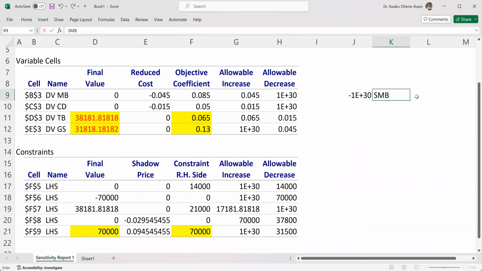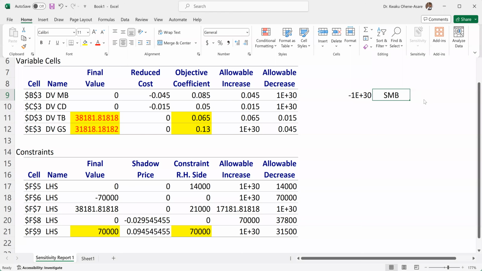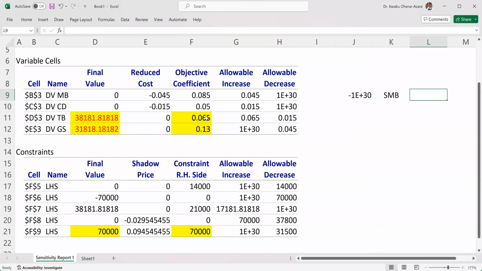And then on the next side, you calculate the upper bound. The upper bound is the same value here, plus the allowable increase. And this is it. Okay, so that's 13%.